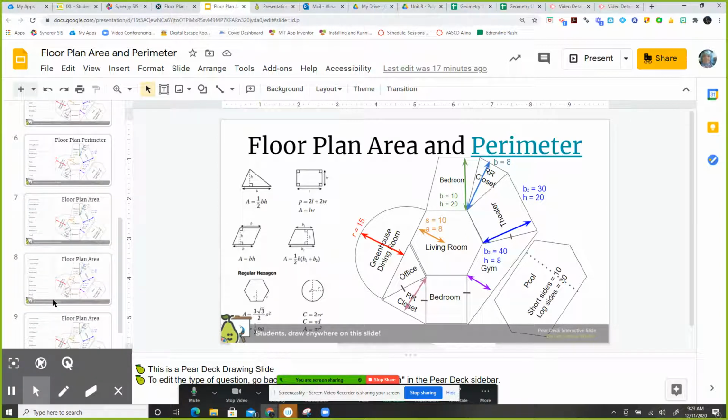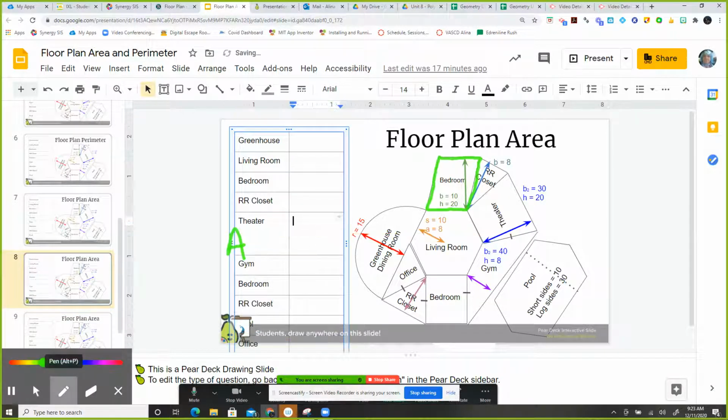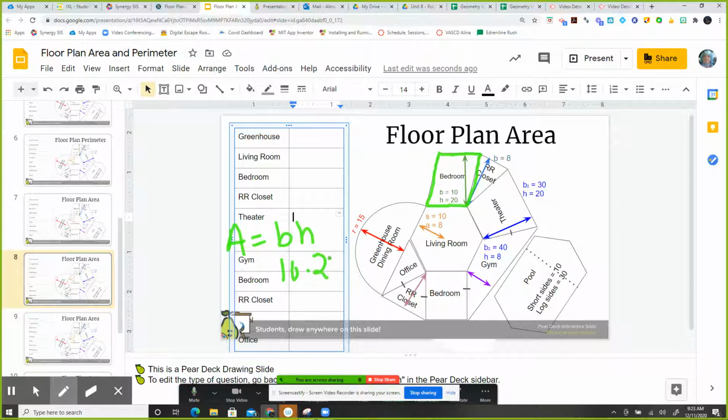So in this particular one, it is easier to do the area than it was to do the perimeter because I have the base and the height. So base times height, so that's going to be 10 times 20. So what's the area of my bedroom? 200. And that's square feet.